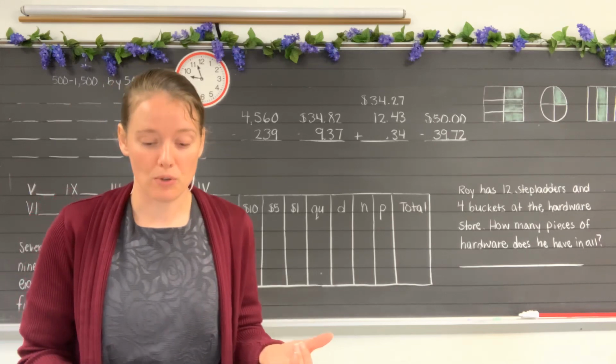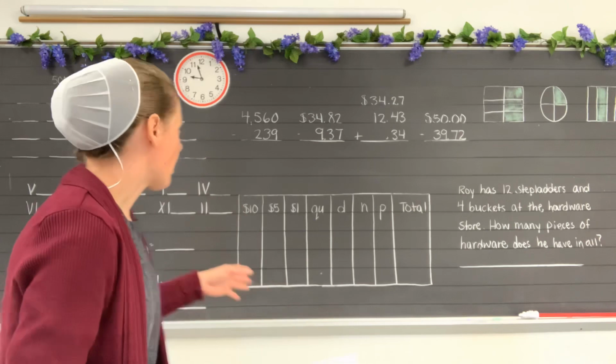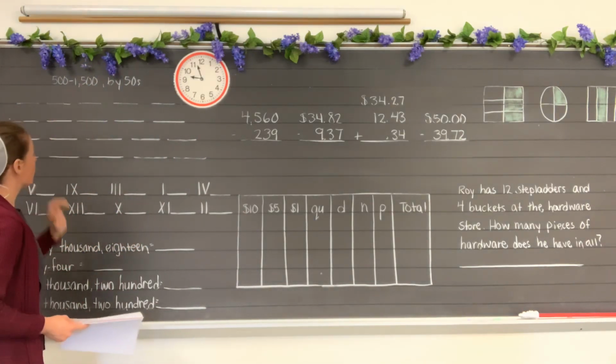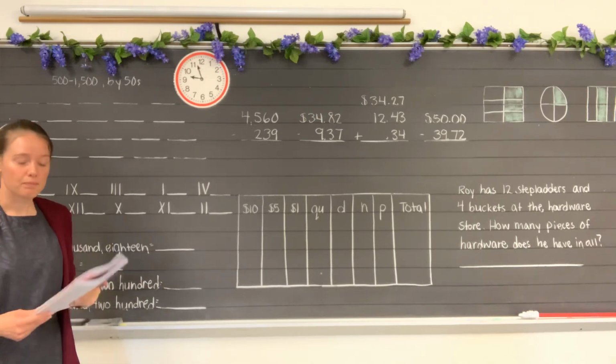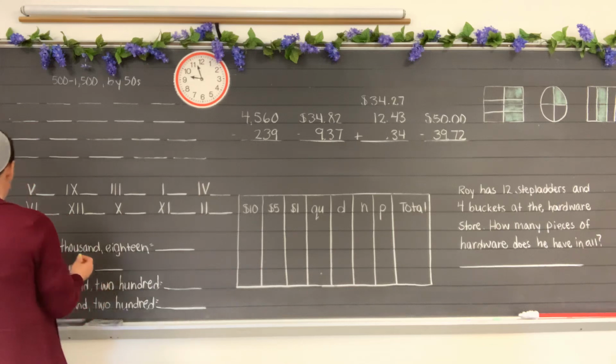First of all, what we're going to do is go by 50s up there on the top. By 50s, we're going to start at 500 and go to 1,500. Okay, so we'll start with 500 and we're going to go by 50.